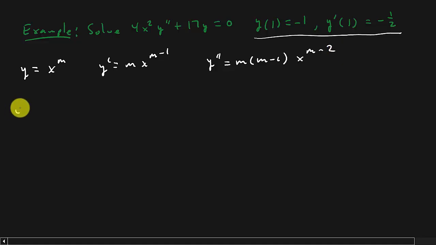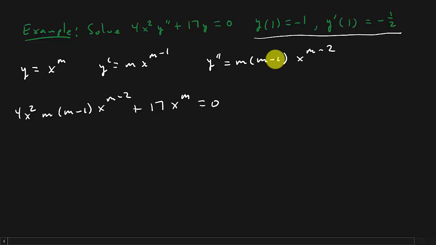So I've got 4x squared times m minus 1 times x to the m minus 2 plus 17x to the m equals 0. Okay, so there's no y prime in there, so we don't have to plug that one in, but we did have to find it because we need the second derivative also.